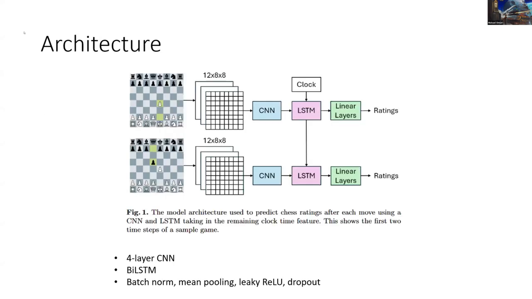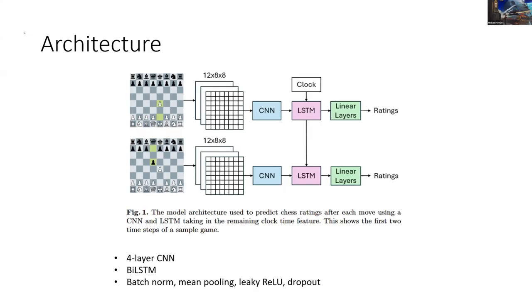The architecture is pretty basic. I'm taking in the 12 by 8 by 8 board and using a custom convolutional neural network. It's just 4 layers. I did try increasing the layers a bit, but I didn't see improved performance. Then that goes into a bidirectional long short-term memory network.